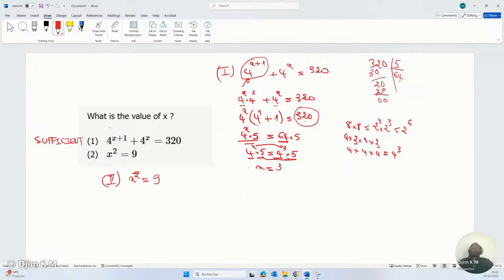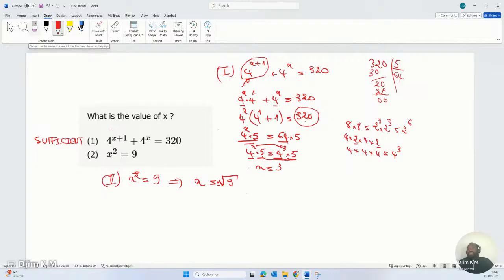So x squared equal to 9 can also be written as x is equal to the square root of 9. This can be positive or negative. Why am I saying this?